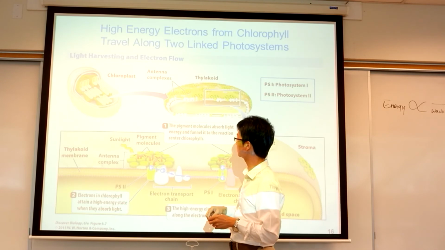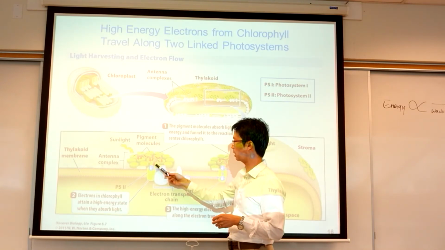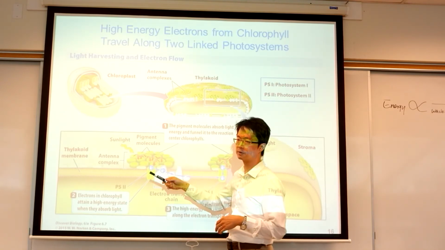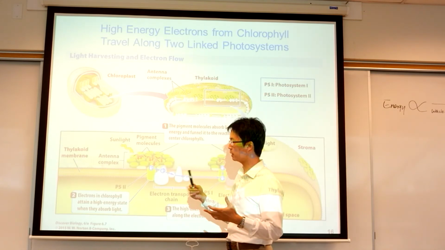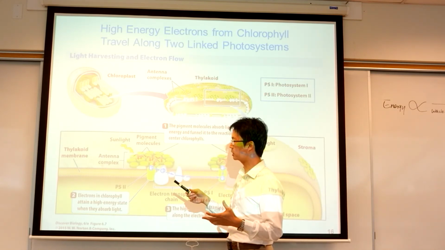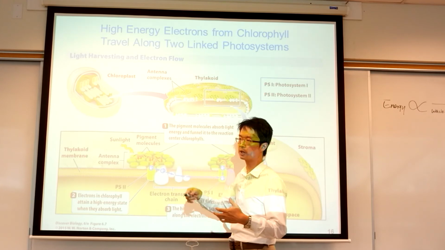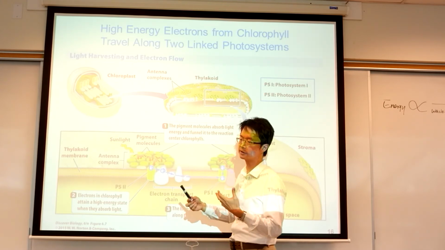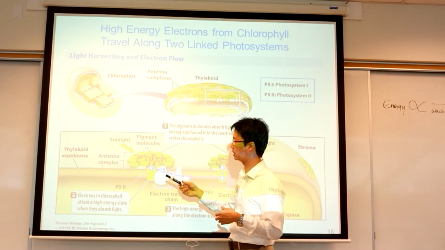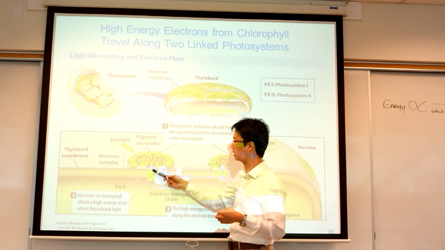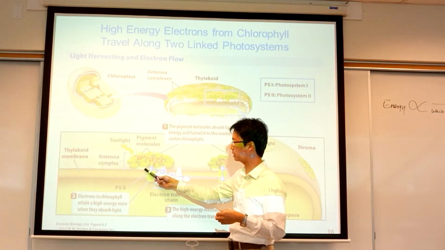And then the pigment will receive the high energy from the sunlight. The pigment becomes excited because it receives the light energy. When they become excited, they will generate a high energy electron.